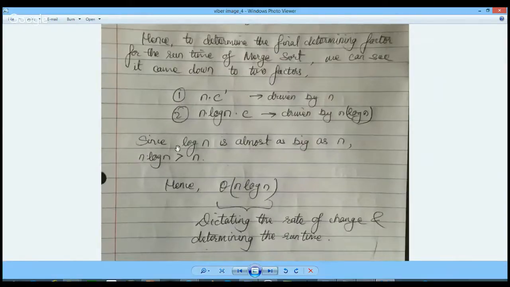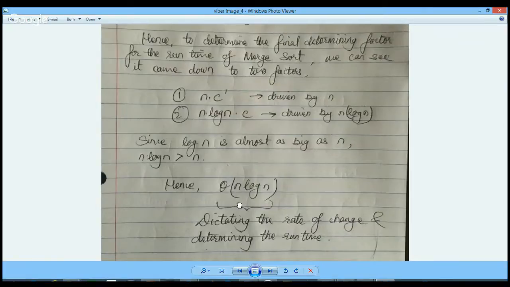Here, log n is almost as big as n. If we do some mathematical calculation, log n will also become a considerable value, just like n. So n times log n will definitely be greater than n. This means the dictating factor of the rate of change, determining the runtime, will become n log n.